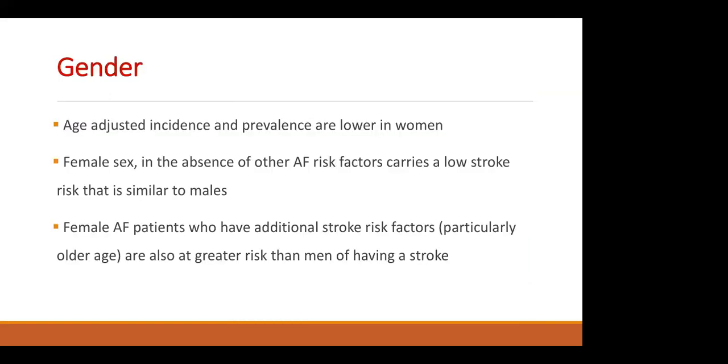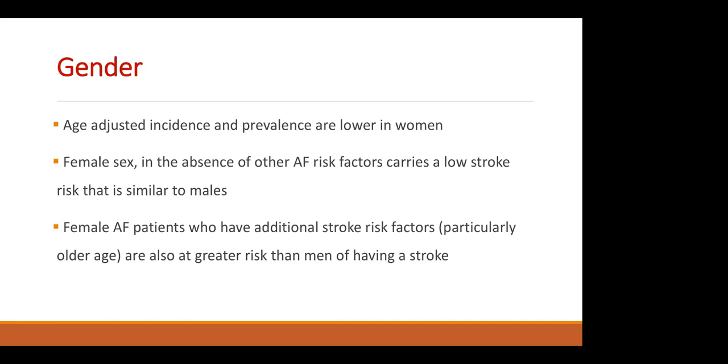It's very important here to discuss the relation between AF and gender. The incidence and prevalence of AF in women actually is lower than in men. And importantly, female gender is associated with a higher risk of stroke compared to men if there are additional stroke risk factors.